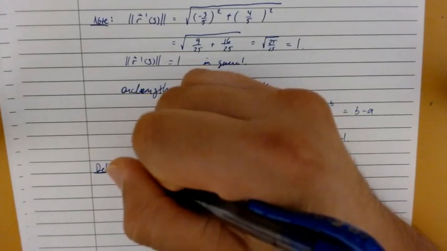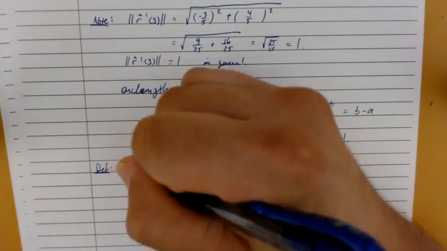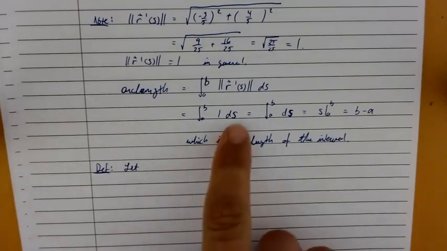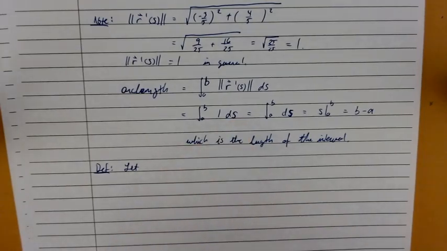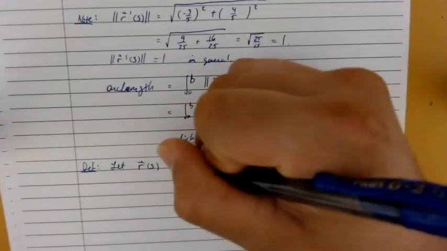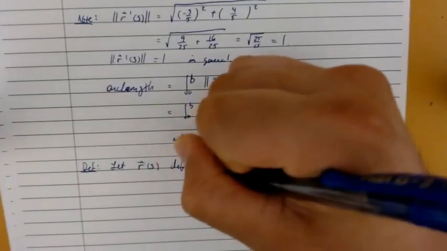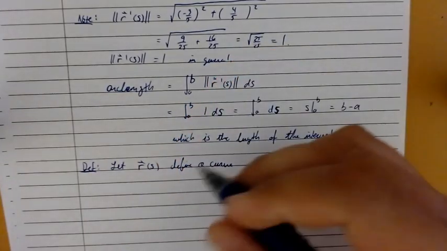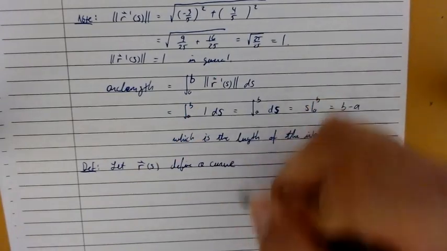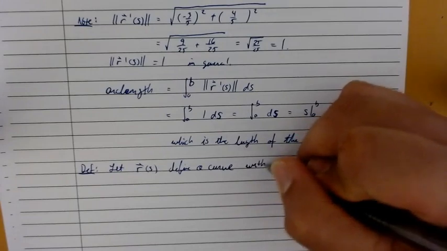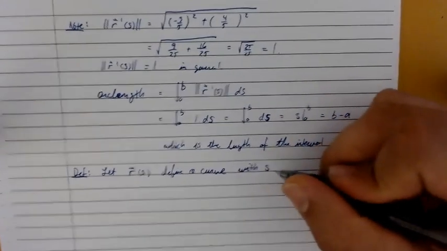Let's begin with a vector-valued function that has been parameterized using this arc length parameter. So let R of S define a curve, and this can either be in the plane or in space, it won't matter, with S as the arc length parameter.